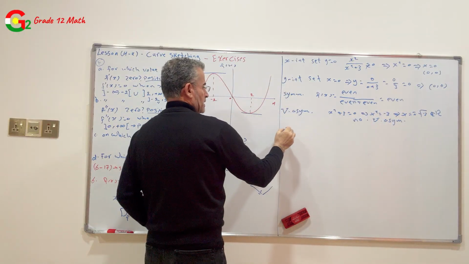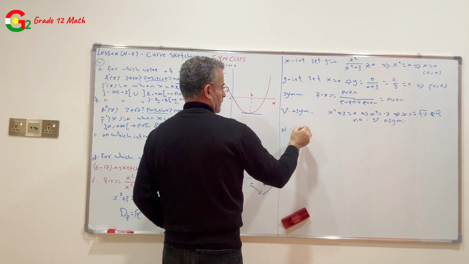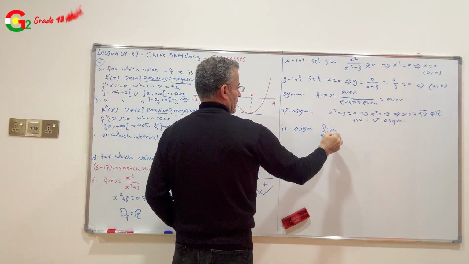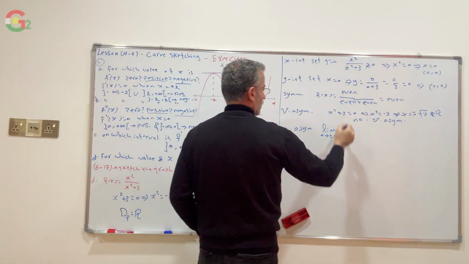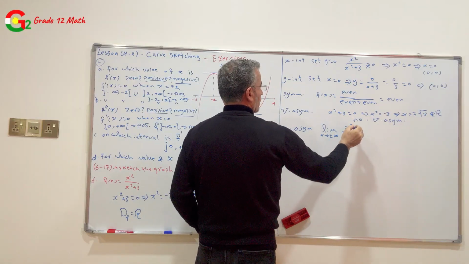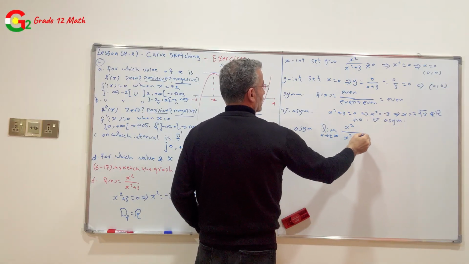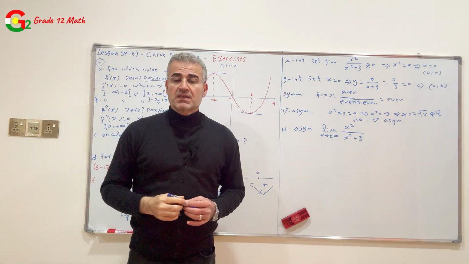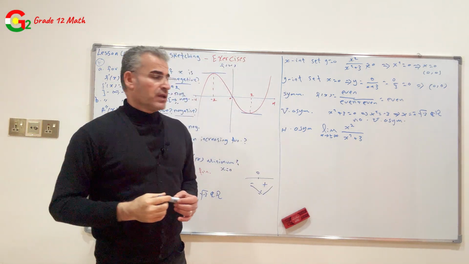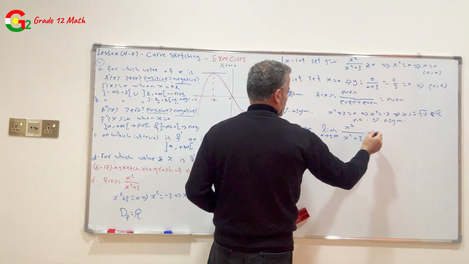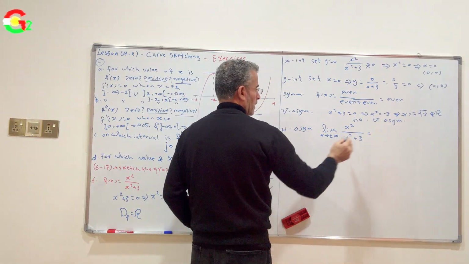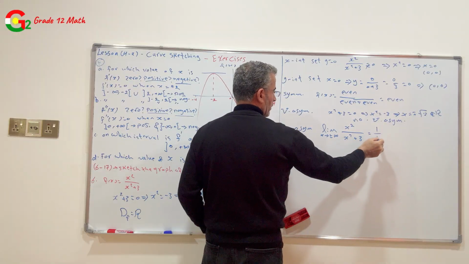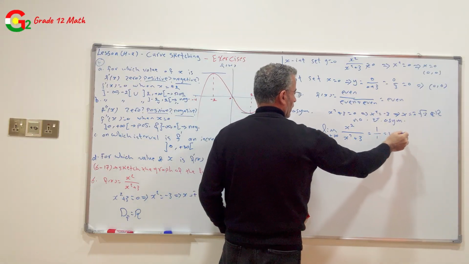For horizontal asymptote, find the limit when x approaches negative or positive infinity for the function x power 2 over x power 2 plus 3. Since the numerator and denominator have the same degree, the answer is the coefficient of the leading term in the numerator, 1, over the coefficient of the leading term in the denominator, 1, equals 1.